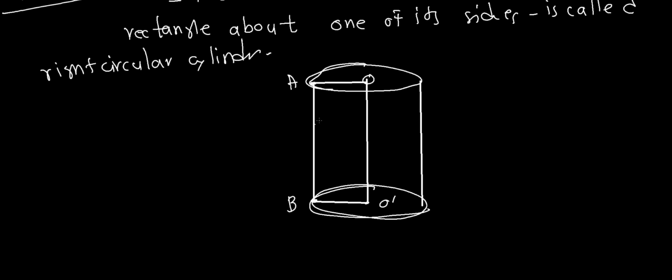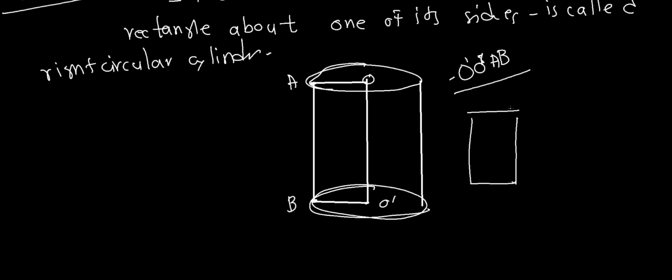So this forms a rectangle O dash O A B. That's our rectangle, which I just showed over here.